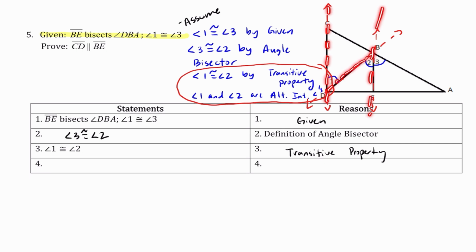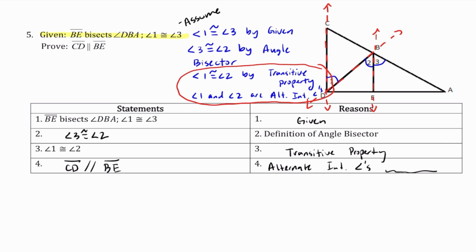So therefore angle 1 and angle 2 are alternate interior angles and they are congruent. So I can say that by the alternate interior angles, segment CD is parallel to segment BE.